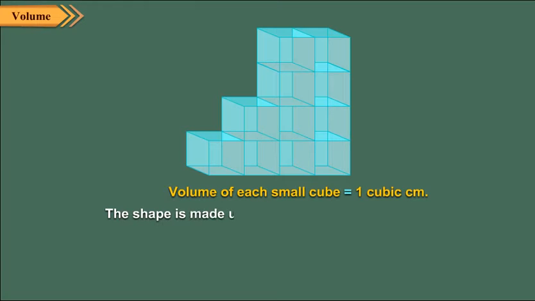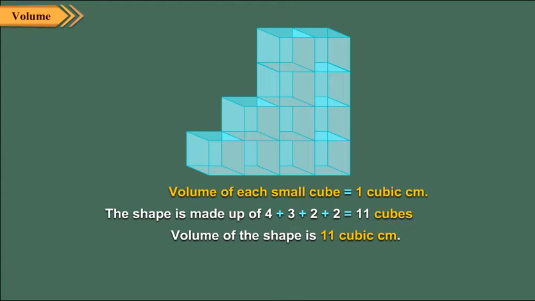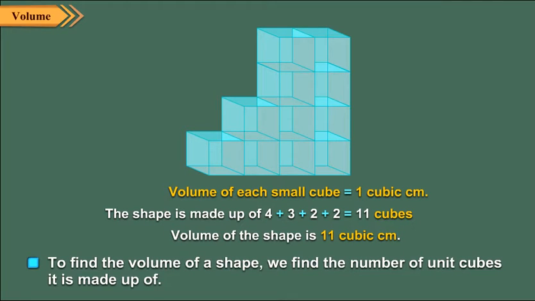So the shape is made up of 4 plus 3 plus 2 plus 2, that is 11 cubes. Since the volume of 1 cube is 1 cubic centimeter, so volume of the shape is 11 cubic centimeter. Thus, to find the volume of a shape, we find the number of unit cubes it is made up of.